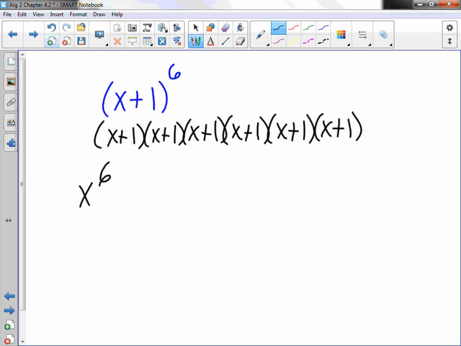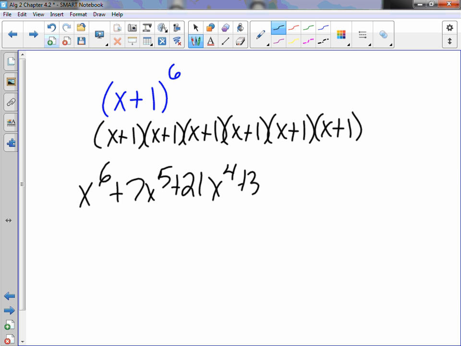This would end up being x to the 6th plus 7x to the 5th plus 21x to the 4th plus 35x cubed plus 35x squared plus 21x.